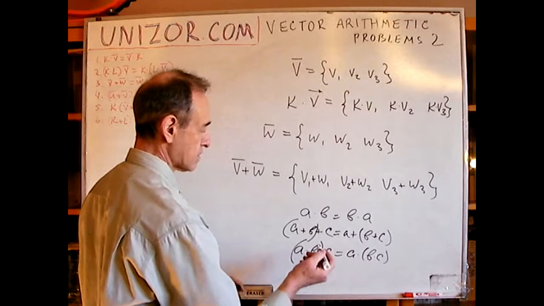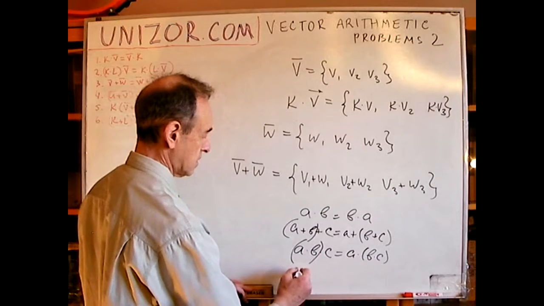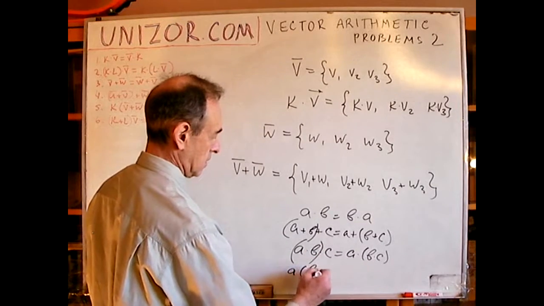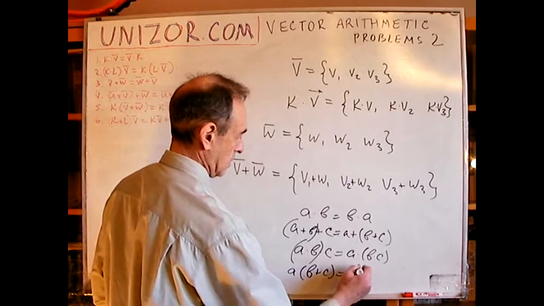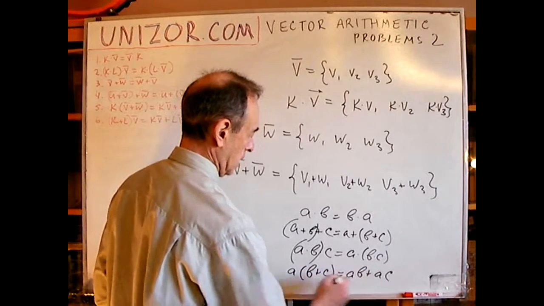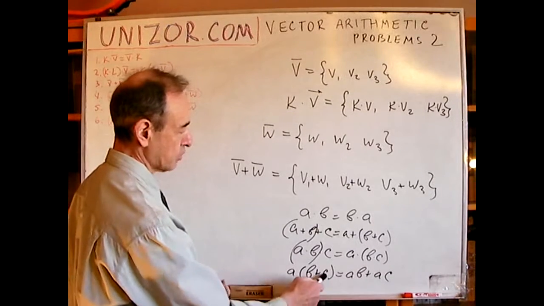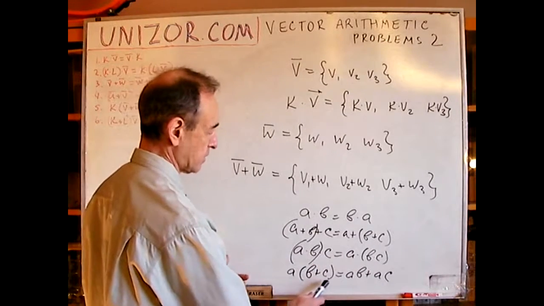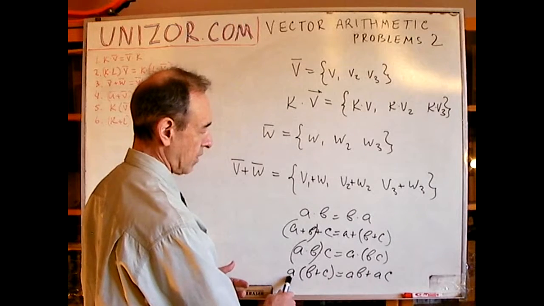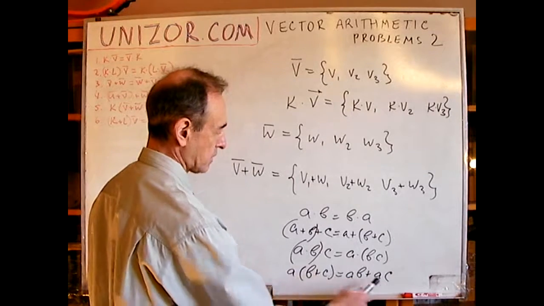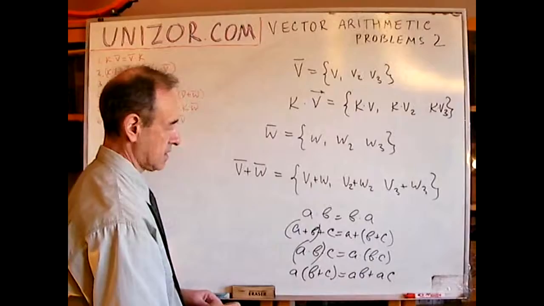And finally, there is a distributive law, which says that to multiply a number by a sum of two other numbers is the same as multiplying this number by the first, separately by the second, and then adding them together.